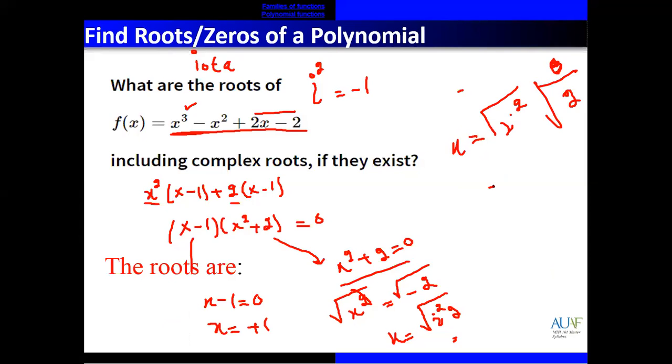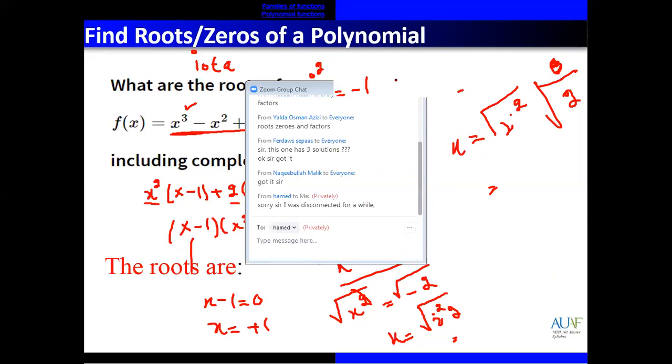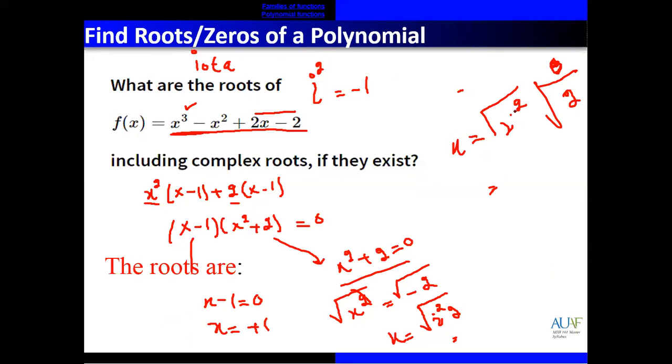Cancelling these two, we have only iota, and we have 2 under the root. Because of the root, the value is plus or minus, so we have two values, one plus and one minus.